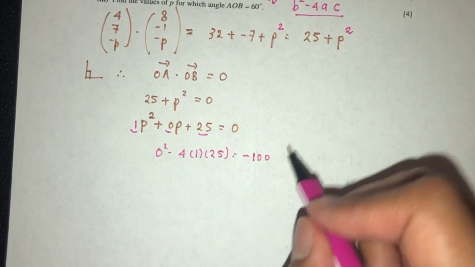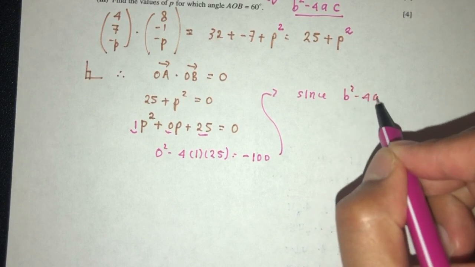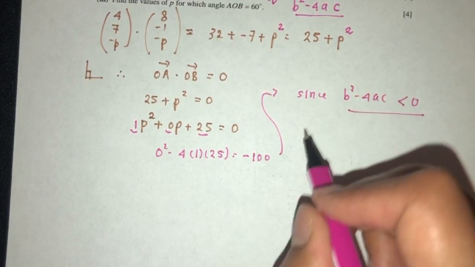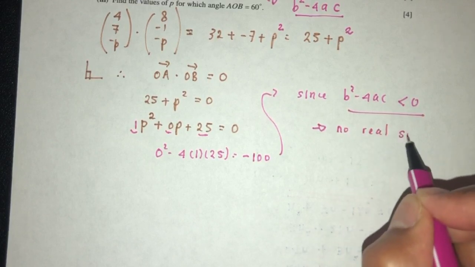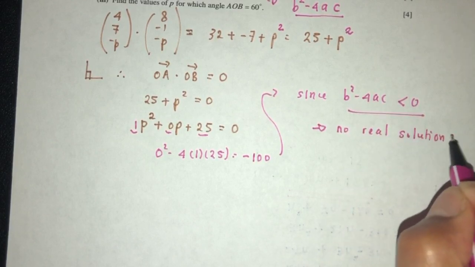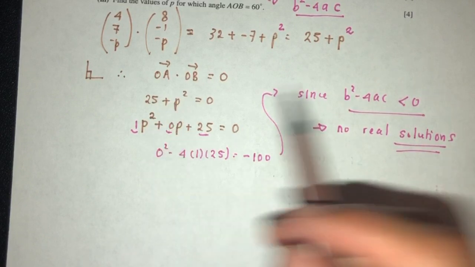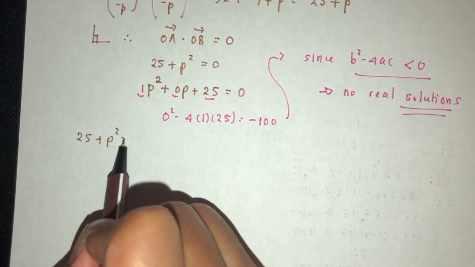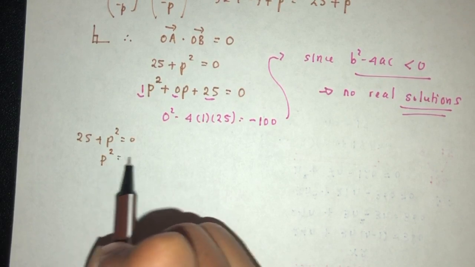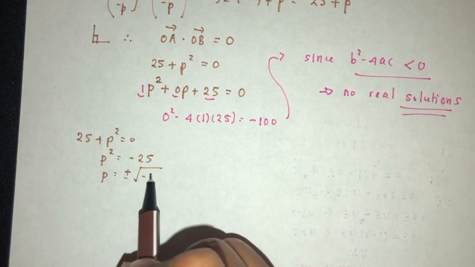So you can write, since b squared minus 4ac is less than 0, which is negative, it has no real solutions. That's why, right? And what does that mean? For example, let's say if you were to solve 25 plus p squared equal to 0, p squared will be minus 25. So p will be plus minus root of minus 25.